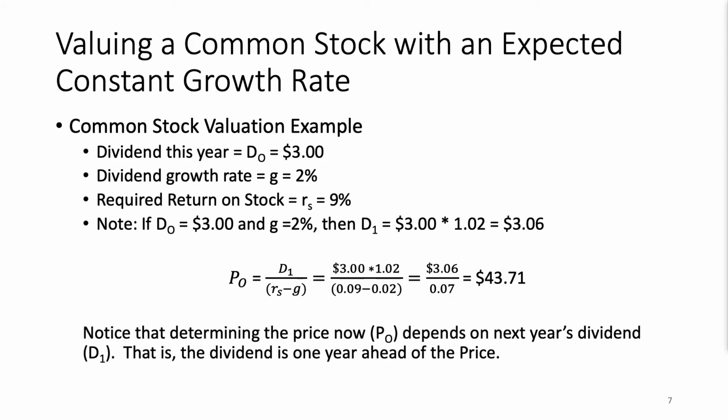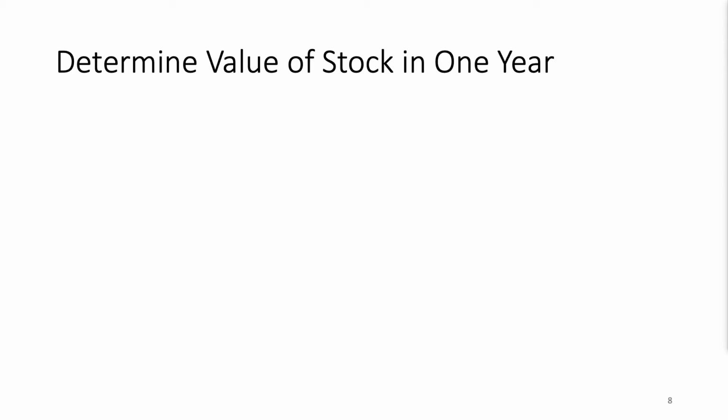Notice that determining the price now, P0, depends on next year's dividend. In other words, the dividend is one year ahead of the price. Let's determine the value of the stock in one year. If P0 depends on D1, P1 must depend on D2.